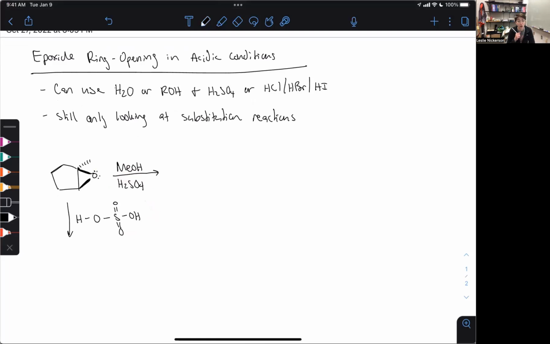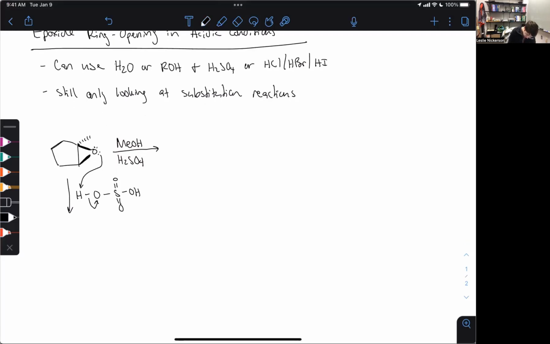We're going to use the oxygen of the epoxide. It's going to grab a proton from sulfuric acid, and that's going to give us our conjugate base and our conjugate acid.